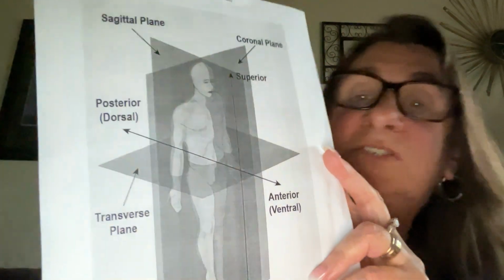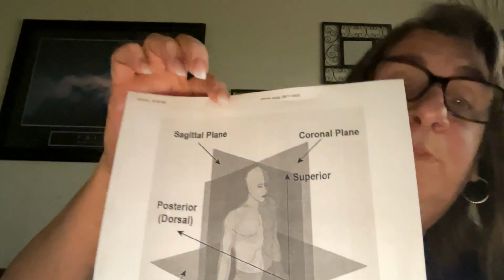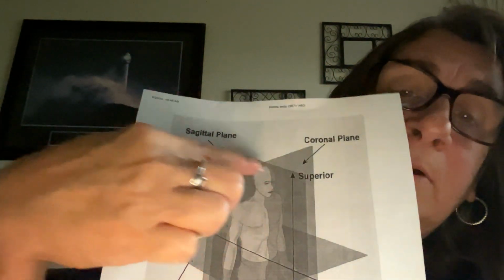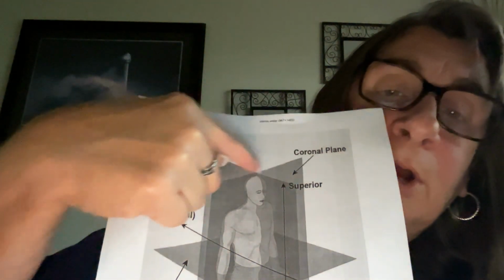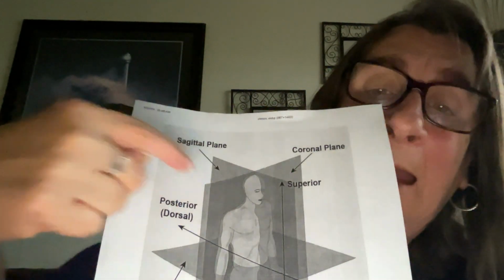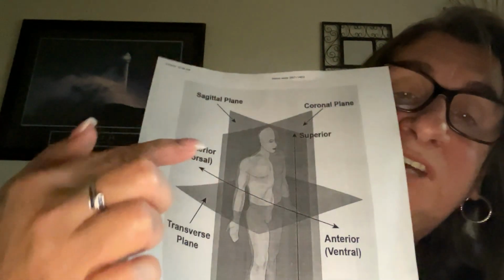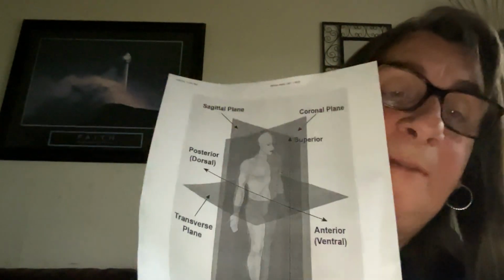Last one I'm going to show you is the planes. Just a quick short version of the planes. So sagittal plane. Here, you're cutting me in half. Coronal, you're going from front to back. Posterior again, same thing. Anterior, this is the front.